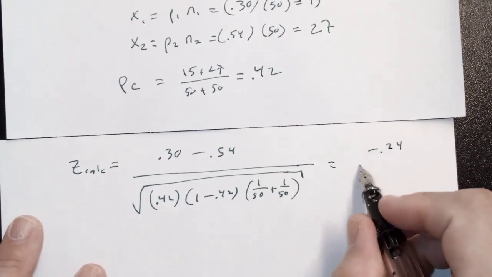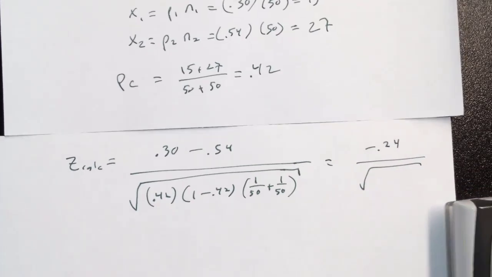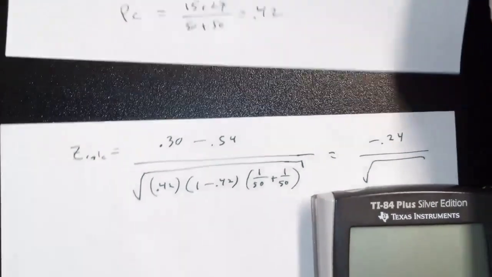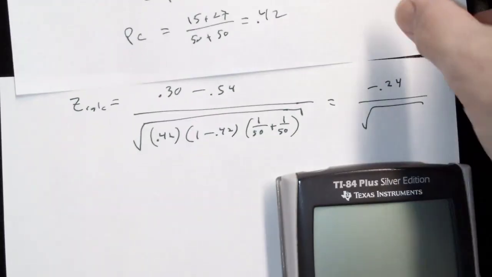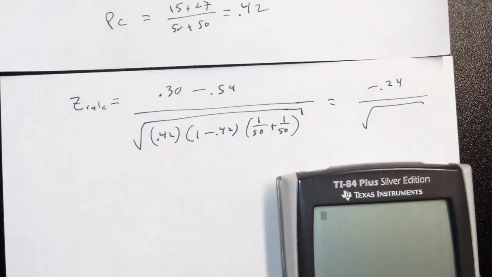Negative 0.24 over the square root of something. I'm just typing in that denominator exactly the way I found it.